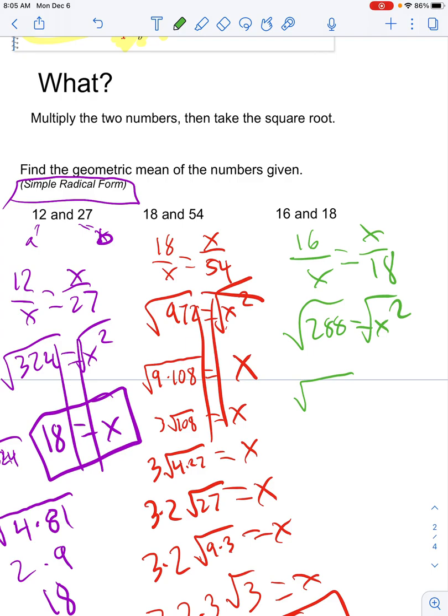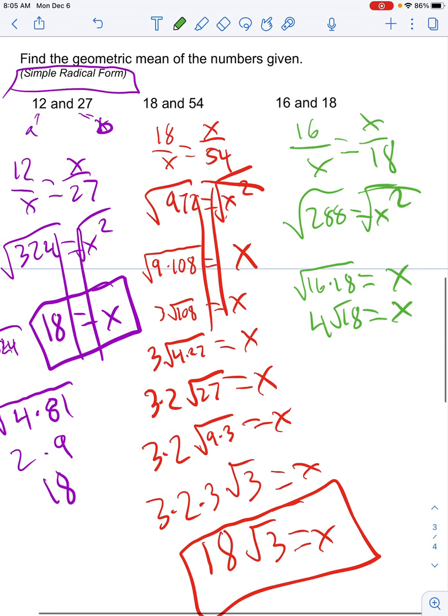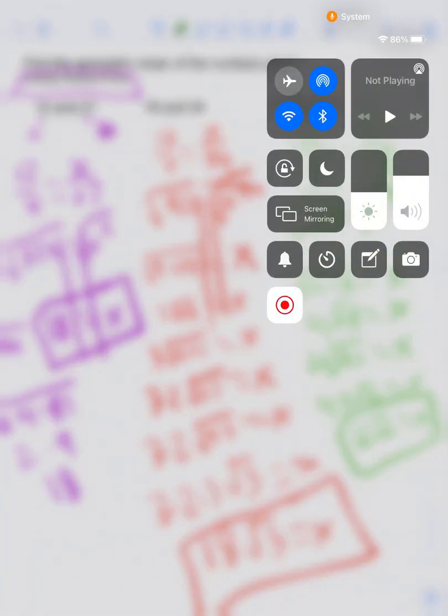I had a hunch that 16 would work. It did. It was the square root of 16 times 18 equals x, because this cancels out. 4 square root 18 equals x. I know that 18 can be written as 9 times 2. So 4 times 3 times the square root of 2 is 12 square root 2.